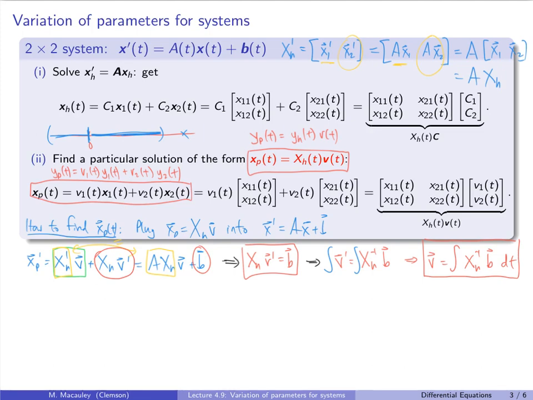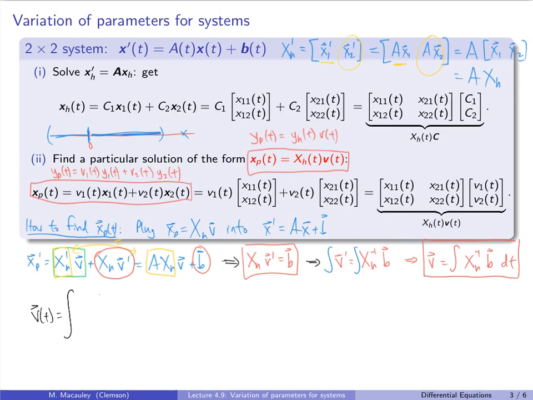Okay, so moving on from here, let's actually expand this a little more. I'm going to write v of t equals the integral of the inverse of xh.